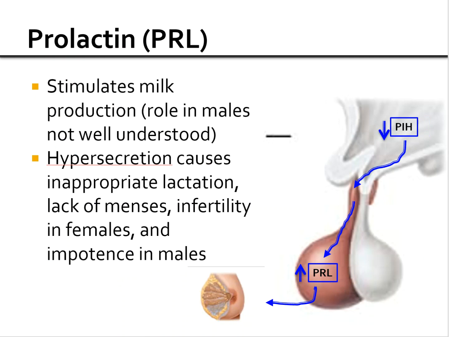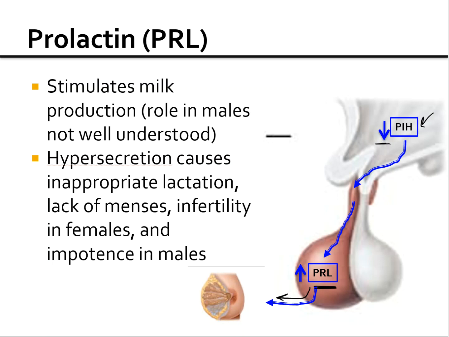So when we want to secrete prolactin, we actually have to shut off this hormone here. That is because the hormone within the hypothalamus is called prolactin inhibitory hormone, or PIH.